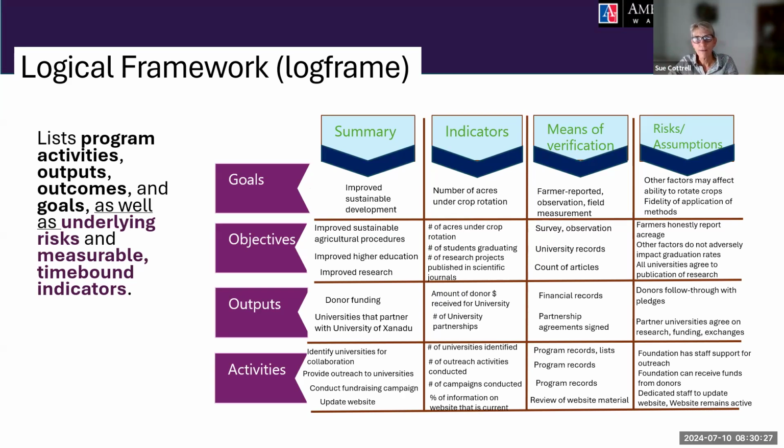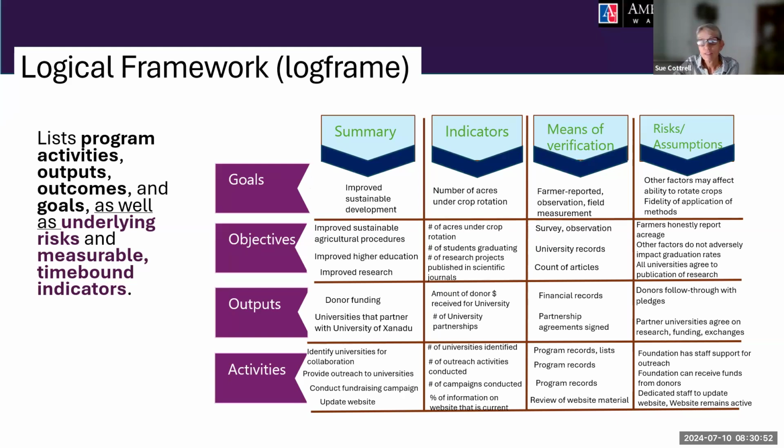Remember earlier I said that risks, the possible negative things that could happen, generally aren't the focus of the logic model. But this is sort of a one-stop shop. A log frame has a lot of information in it, but that's also kind of the downside: it has so much information that it's sometimes hard to track.